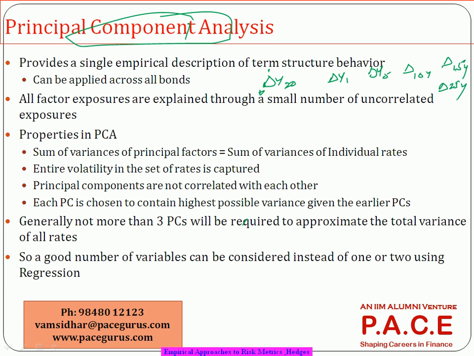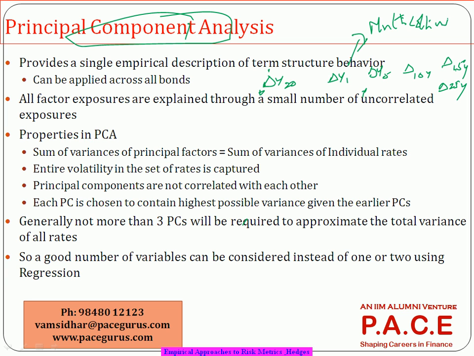If I am using regression, what is the basic criterion of a regression? The independent variables should be independent. But there is a good possibility that among these variables there could be a lot of interdependency between the independent variables themselves, which is what we have already discussed earlier, the concept of multicollinearity.